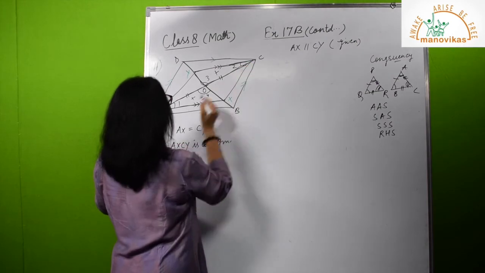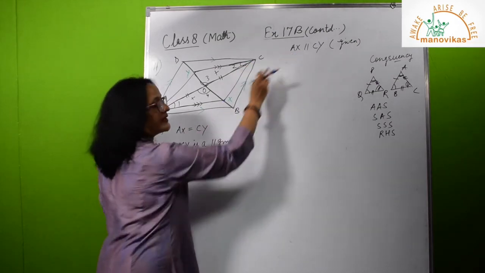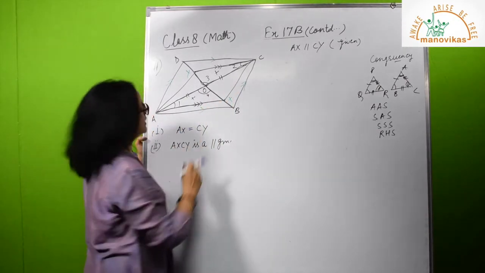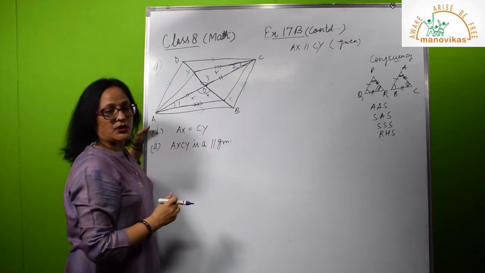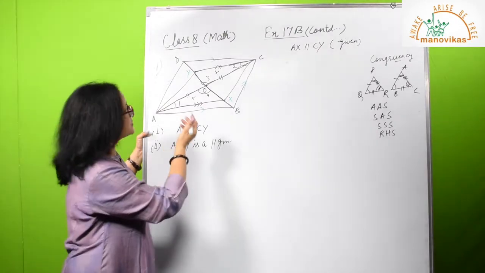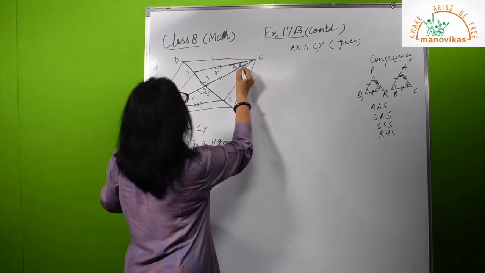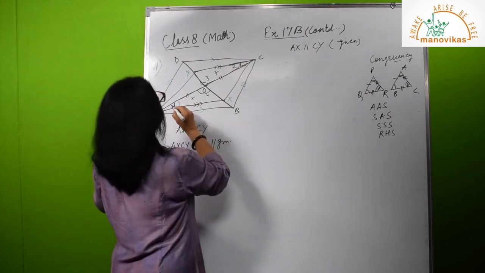Because CY is parallel to AX, already given in the question. What is the use of this data? If two sides are parallel, then definitely alternate interior angles will be equal. We have used these so many times. So alternate interior angles, angle 2 and angle 1.